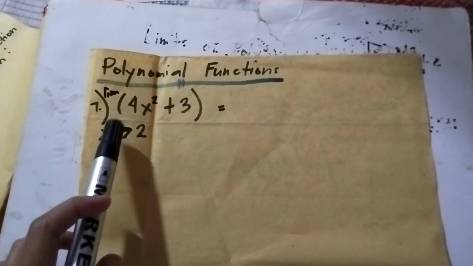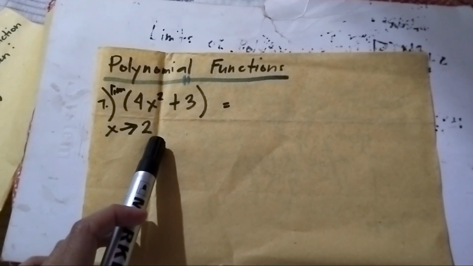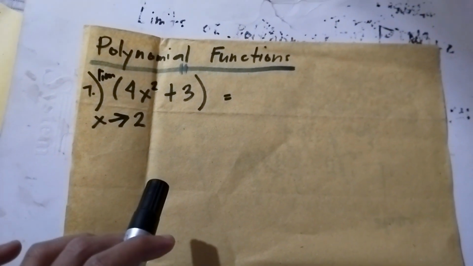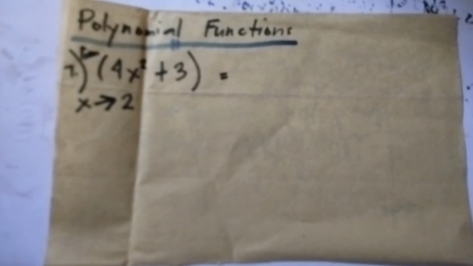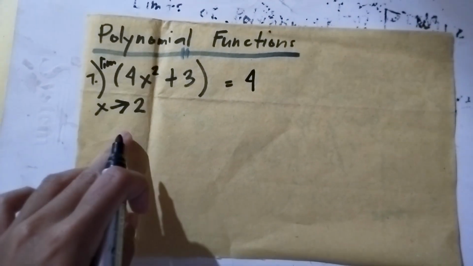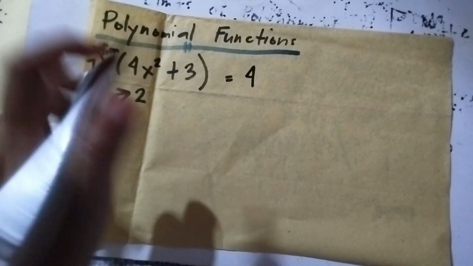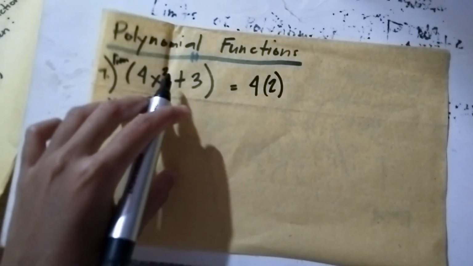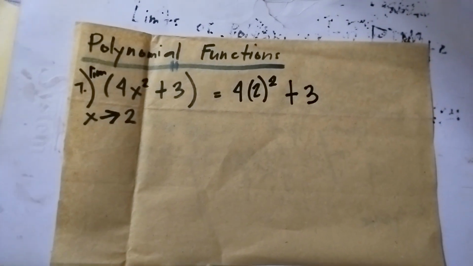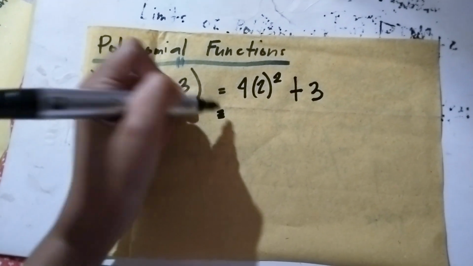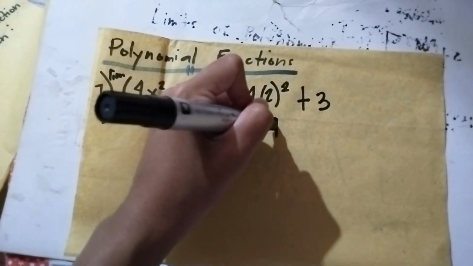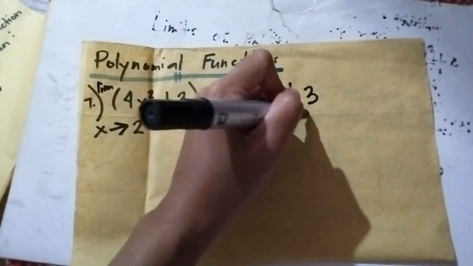So, let us try to solve number 1. Limit of 4x squared plus 3 as x approaches 2. So again, pwede na tayo mag-direct substitution. So we are going to write this as 4 and our value sa x, which is 2, squared, plus 3, equals 4 squared is 4, so 4 plus 3.